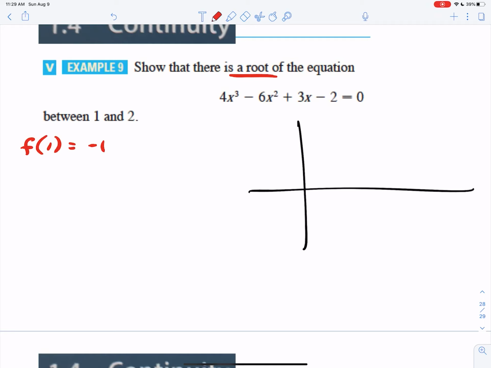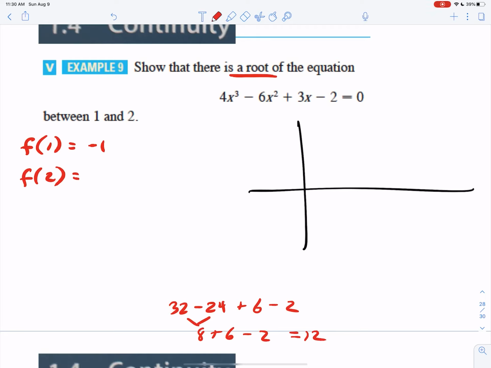Let me double check that. 4 minus 6, 2 plus 1. Yep, okay. Now, if you plug in 2, oh gosh, I'm going to have to write this out. So you get 32 minus 24 plus 6 minus 2. That's going to be 8 plus 6 minus 2, which is 12. Okay.